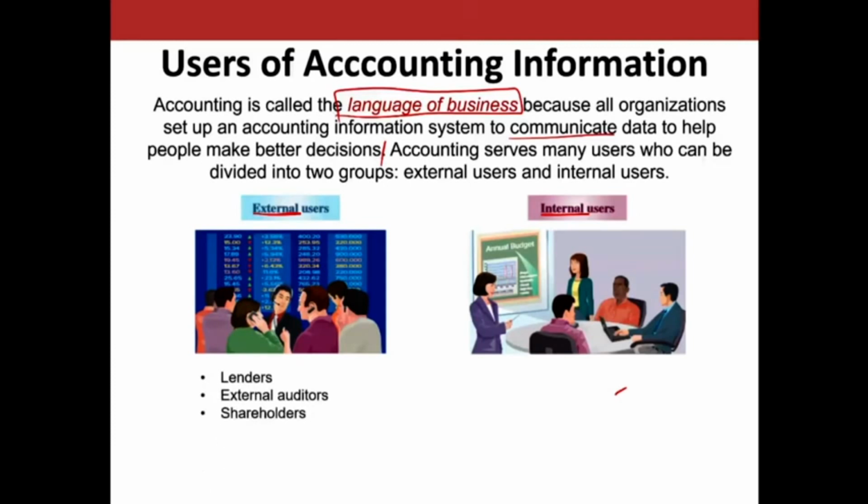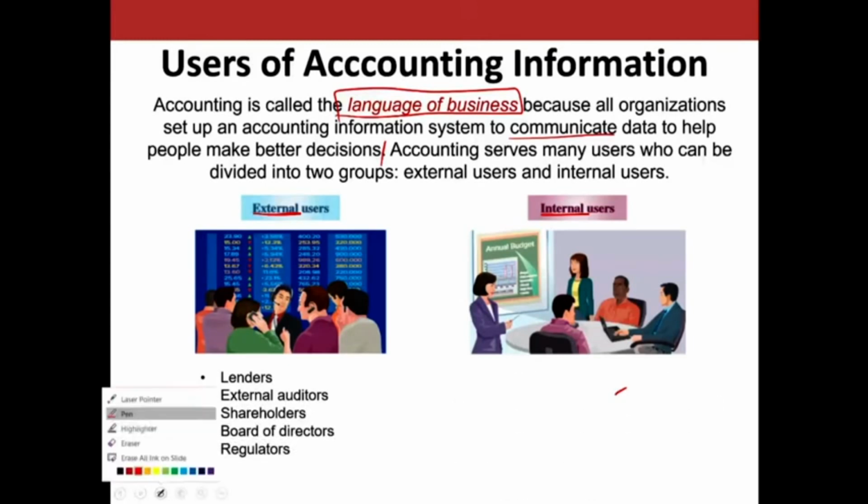Here's a list of them: lenders, external auditors, shareholders, board of directors, regulators. But I'm going to focus on two groups: lenders and shareholders. When we prepare accounting information, frankly, we are targeting those two groups. Why?